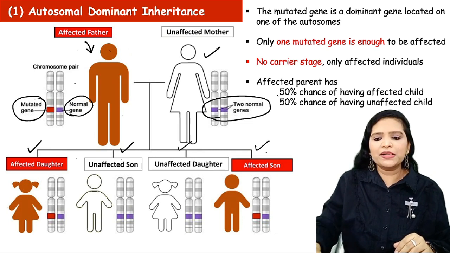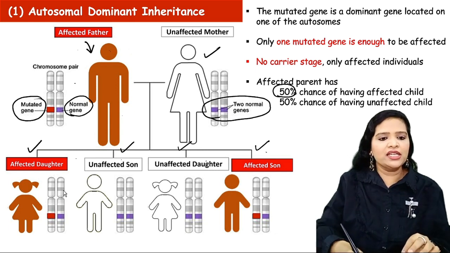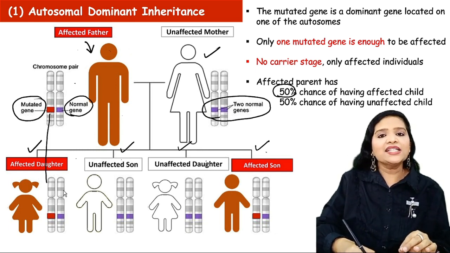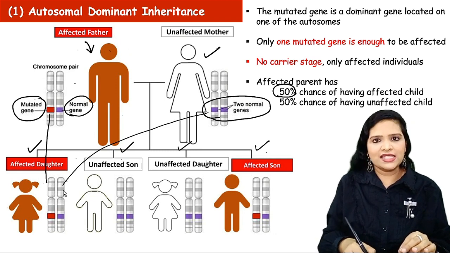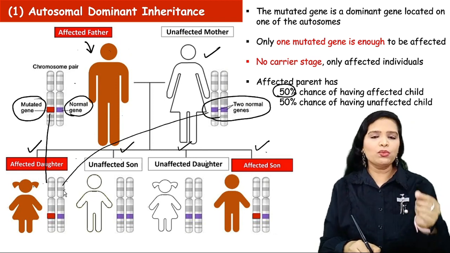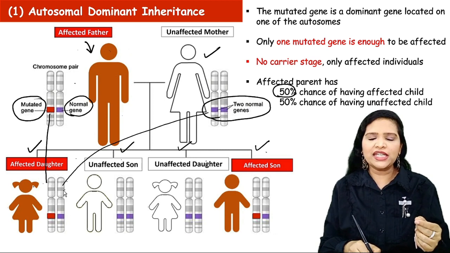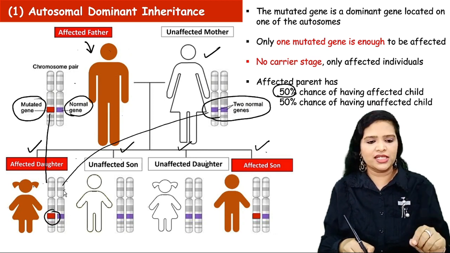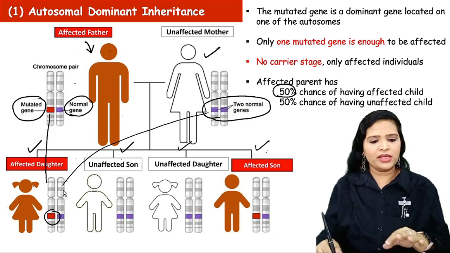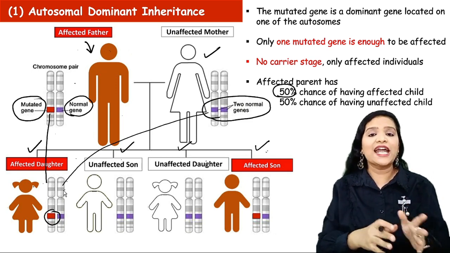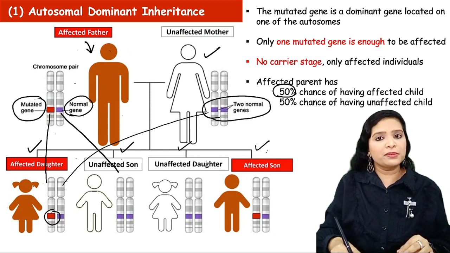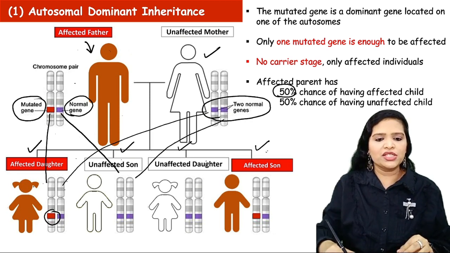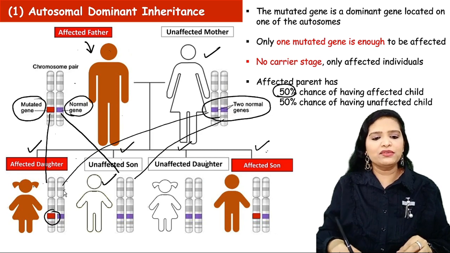That means 50% of the children have the chance of getting a mutated gene from the father and a normal gene from the mother, so this child is affected. Even if one copy of the gene is present, this child will be affected. Similarly, in this combination, 2 kids will be affected and 2 kids will be normal. One normal gene from the father will come here and one normal gene from the mother will come here, so this kid will be a healthy kid.